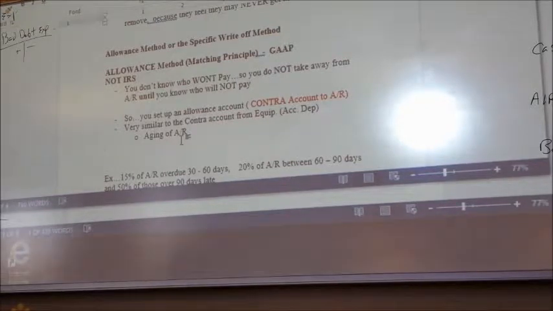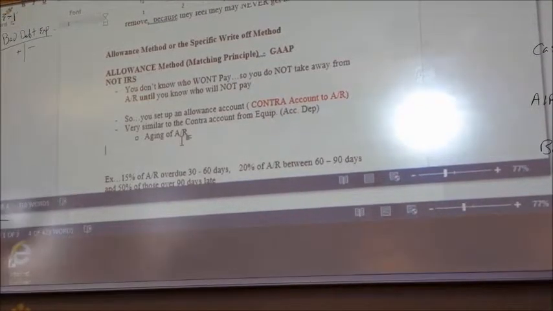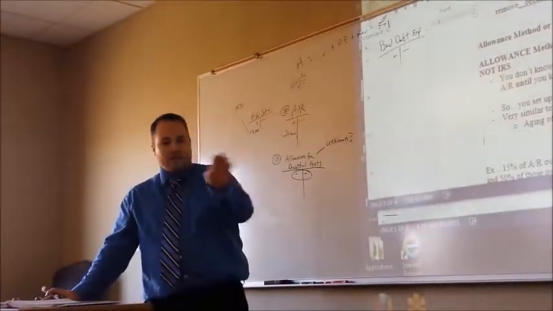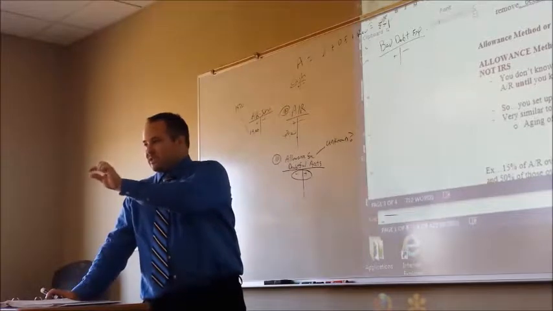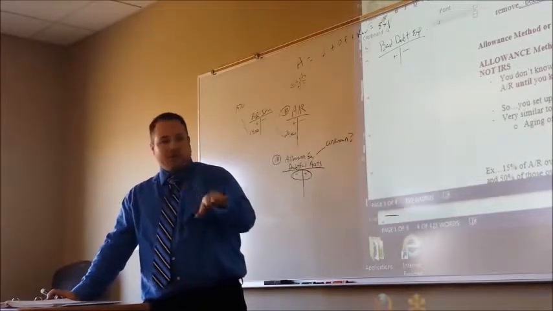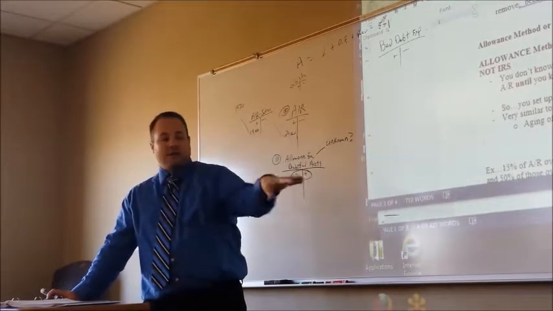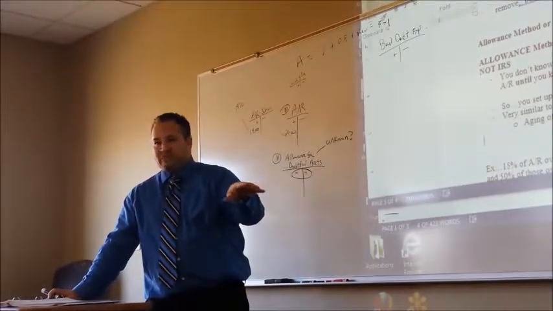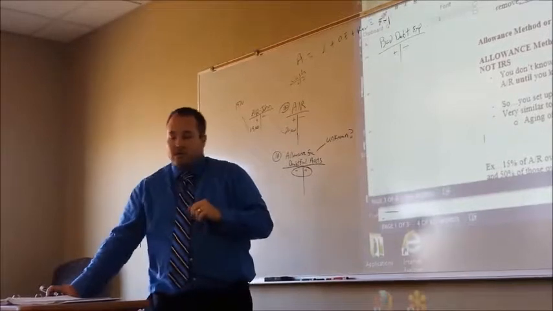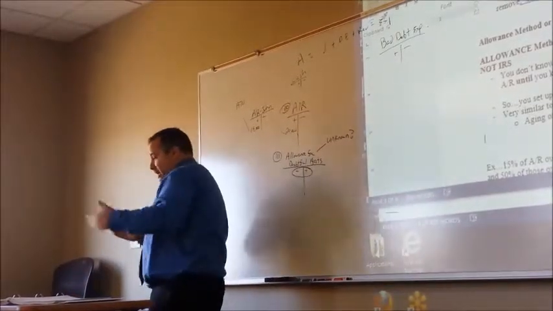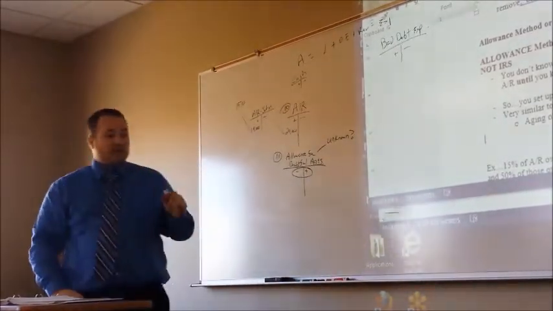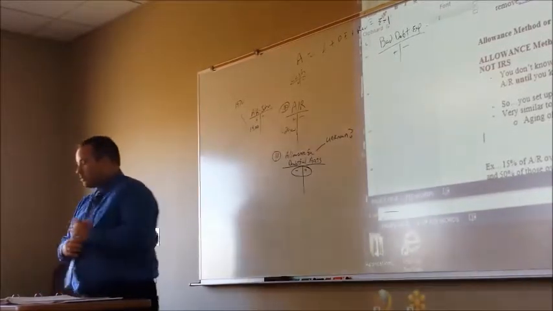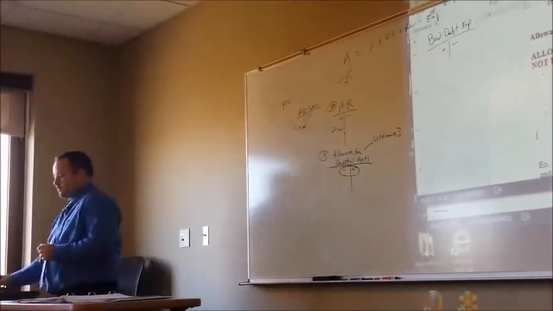If you've ever seen like a doctor's bill, at the bottom, sometimes they say 0 to 30 days, 31 to 60 days, showing you how late you are, or if you're not late at all. Hopefully you've seen that before. 60 plus days. Well, I, or the accountant or whoever's taking care of their books, can look at that and determine how unlikely it is that you're going to end up paying.